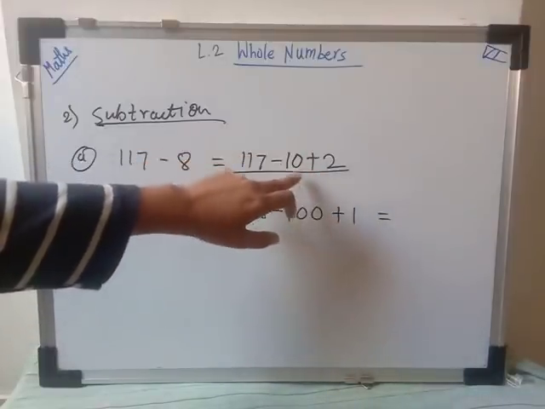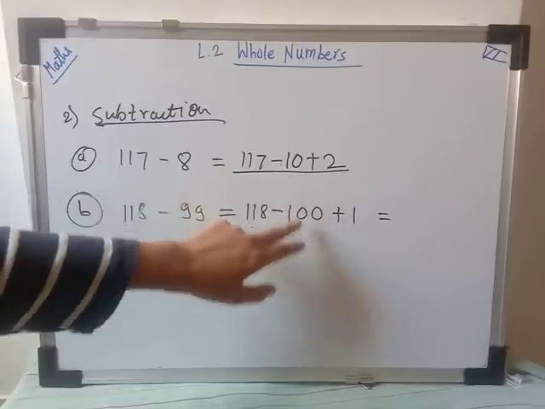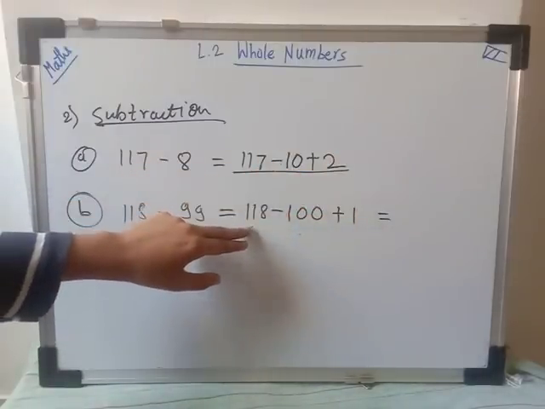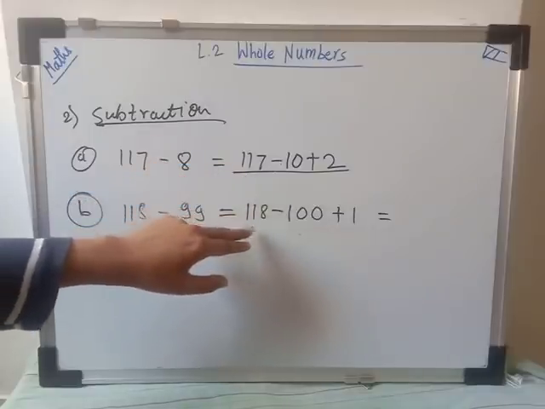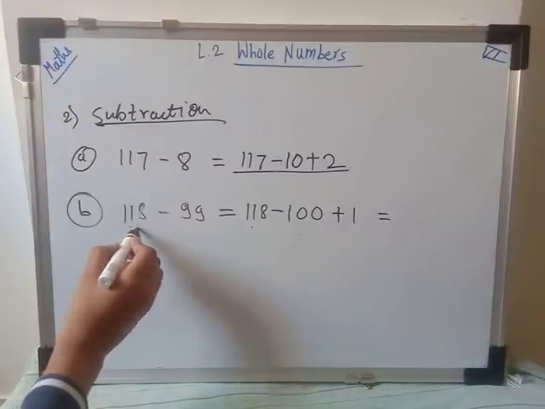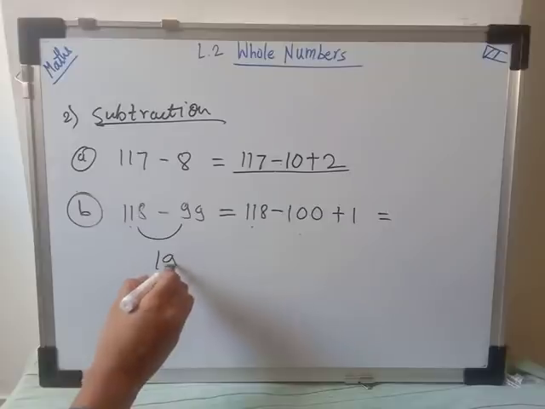Here we have taken 100, and 1, and 117 and 118. I hope you are understanding what I am trying to say here. If you do the subtraction of these numbers directly, you will get 19.